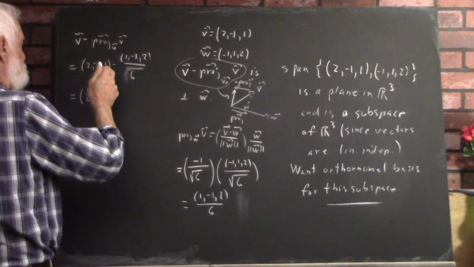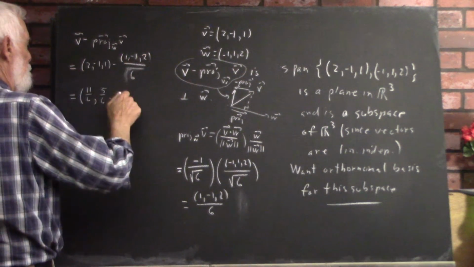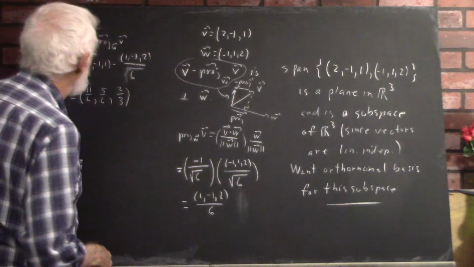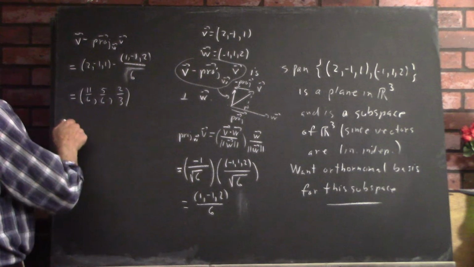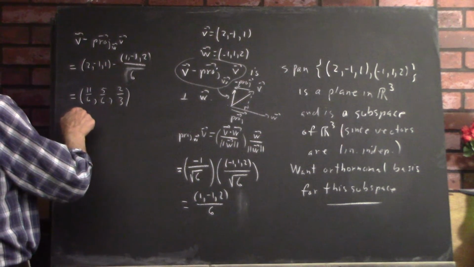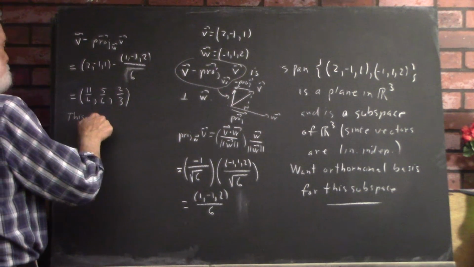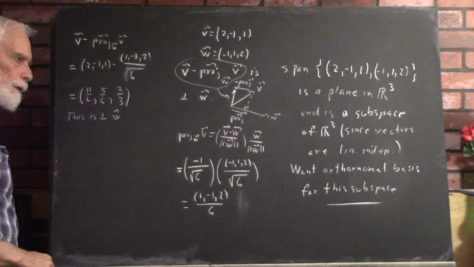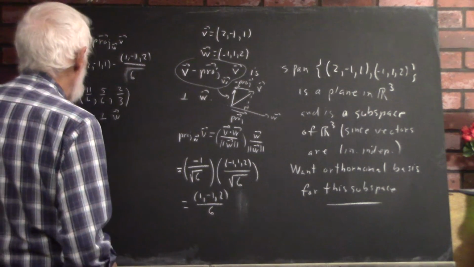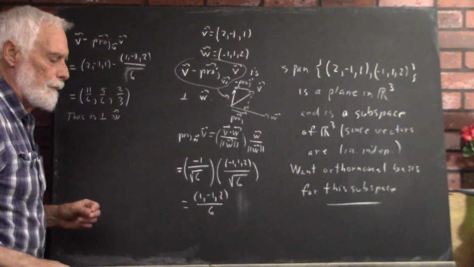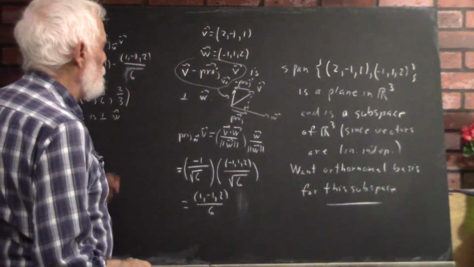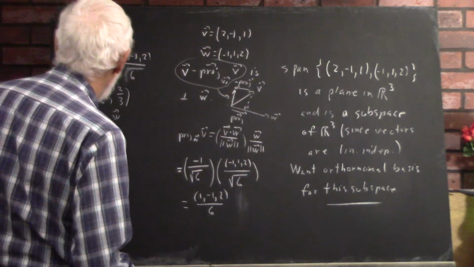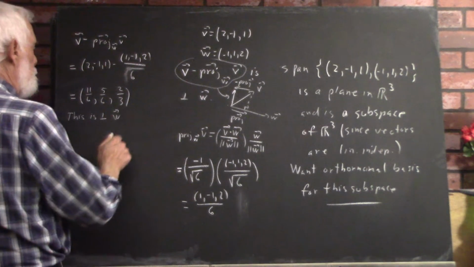And then 1 minus 1/3, which is 2/3. Okay, this is perpendicular to W. What we really want is a unit vector in this direction. Okay, so it's orthogonal.